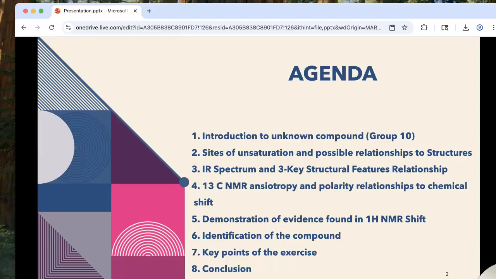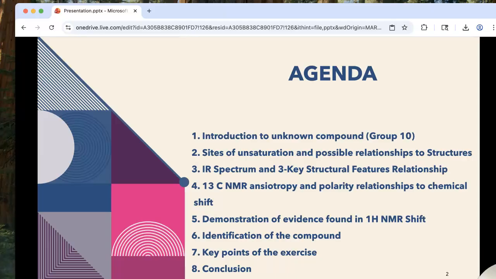Okay, so the agenda are these 8 points. We're going to start with introducing the unknown compound and the group, followed by the calculations for the sites of unsaturation and possible relationships to the structures. Number 3, we will go through the IR spectrum and key structural features. Following that, the 13 carbon NMR, anisotropy and polarity relationships to chemical shift.